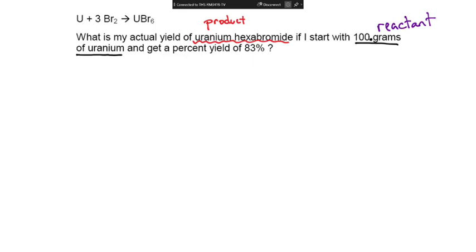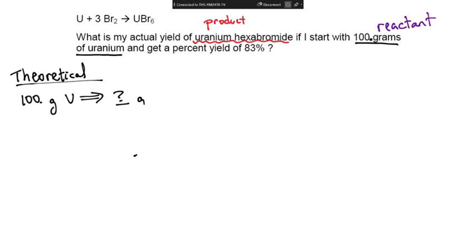All right, well, let's go ahead and find the theoretical yield first. The theoretical yield is the one that's going to use the stoichiometry. So let's go from 100 grams of uranium. Let's convert it into grams of UBr6. It says a 6 there.